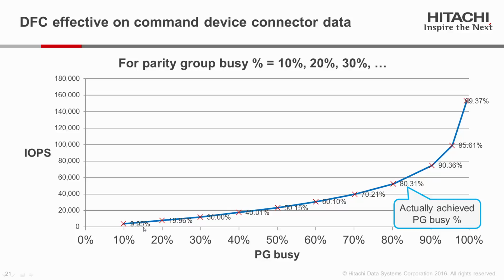And here we can see that when we tried to get 10% busy parity group by varying the IOPS, we were actually able to get 9.95, et cetera. And here we can see that this is highly effective to achieve the target percentage parity group busy in the array, the dynamic feedback control.